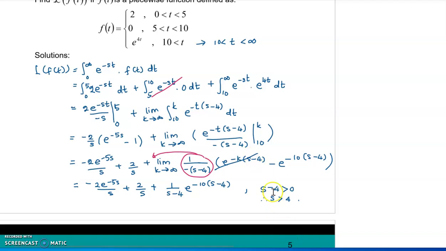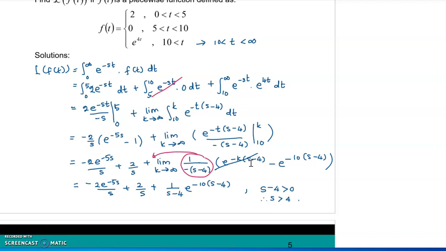If s is less than 4, for example s is 2, then this part here will be negative 2. And then negative 2 multiplied with the negative k, you have positive k. So when k is infinity, you will have e^(positive infinity), which is infinity. Then you don't have the solution.